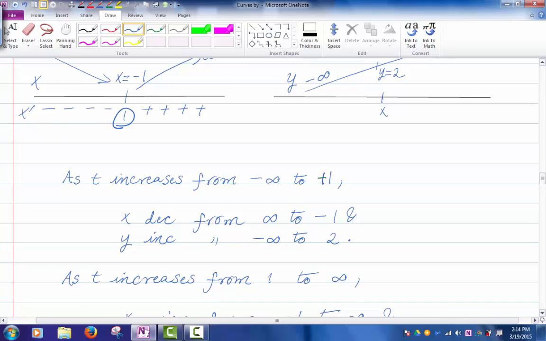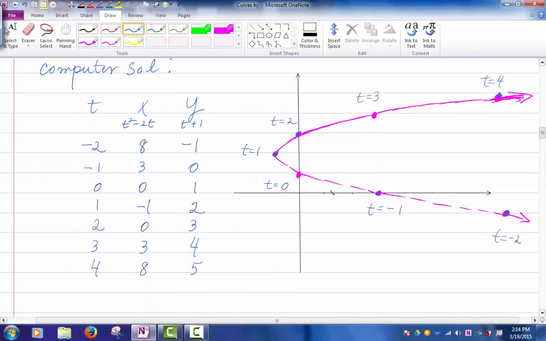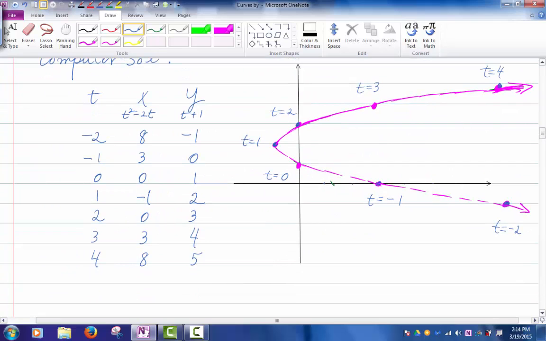Now let's figure out what it is telling me then. Since we are breaking up time at 1, what is happening at time 1? Where am I? At time 1, I am right here. At time 1, I'm at the vertex. Now think about this. As time progresses from -infinity to 1, what is happening to x?